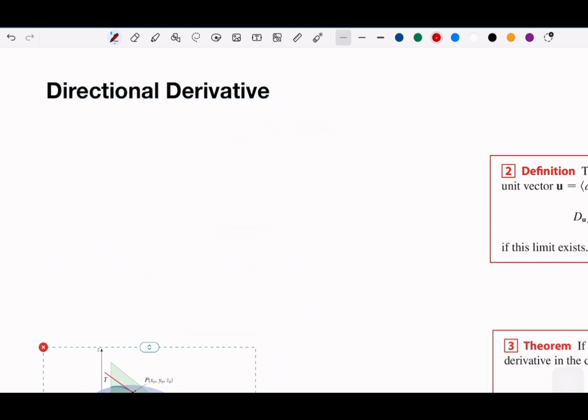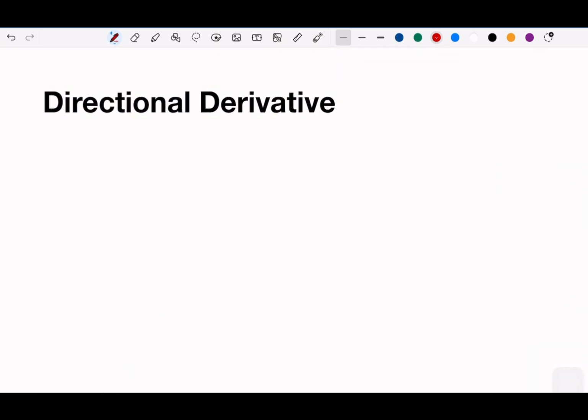So before we discuss this topic, let me give you some review. So if z is a function of two variables x, y, we can have definitions based on the limit definitions of the partial derivative with respect to x at some point.